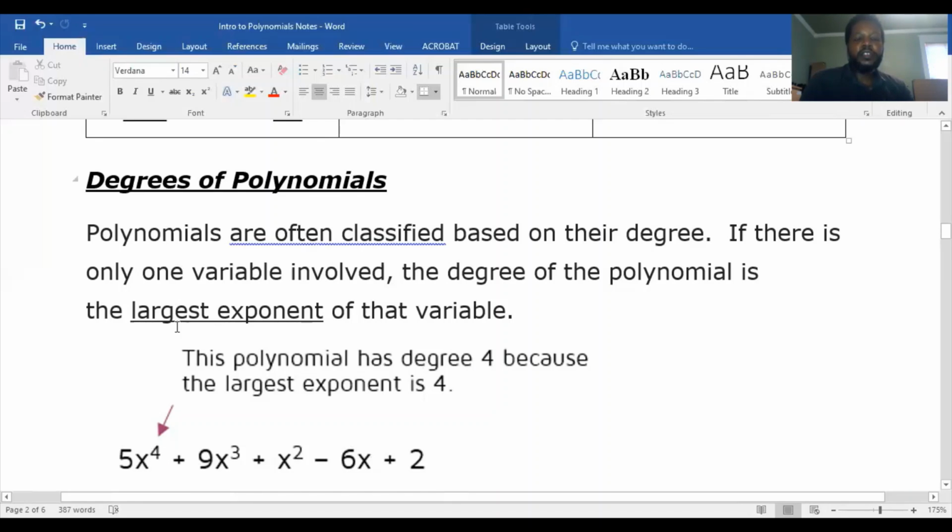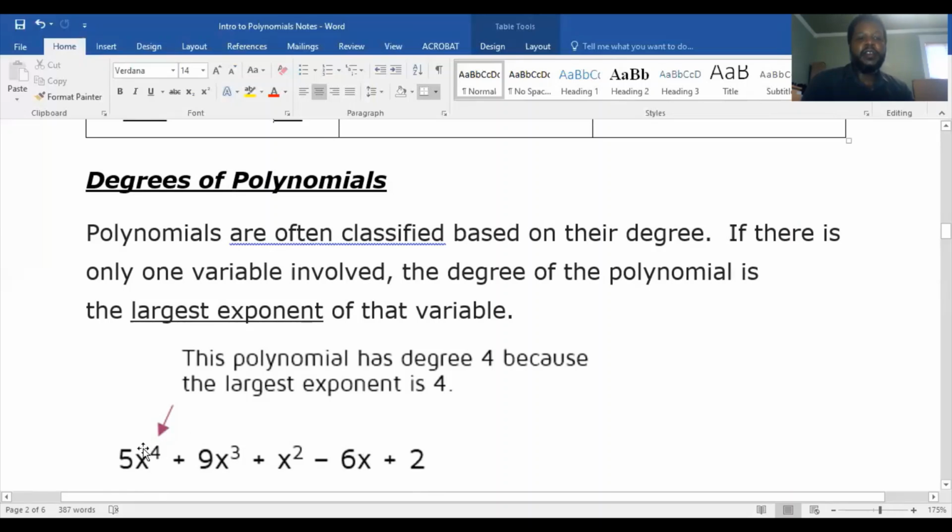Okay, so that's the degree of this polynomial. It's based on the fact that the largest exponent is 4, right? So then it will be named according to that exponent. So again, how many terms does this polynomial have? It has 1, 2, 3, 4, 5. So it's just a polynomial, right? But what kind of polynomial?